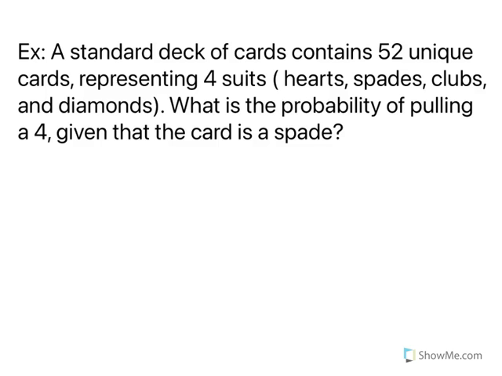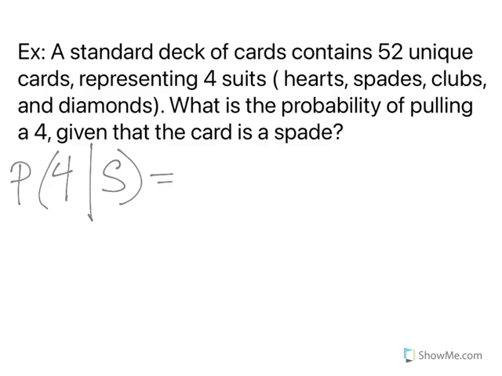A standard deck of cards contains 52 unique cards representing 4 suits: hearts, spades, clubs, and diamonds. What is the probability of pulling a 4 given that the card is a spade? You'll hopefully notice some patterns with this.